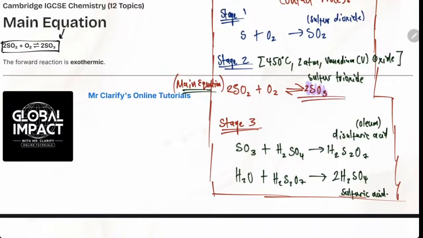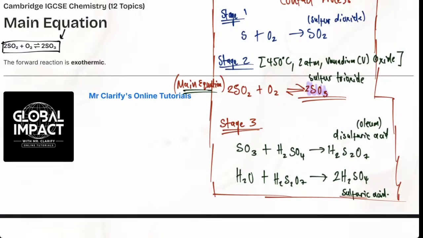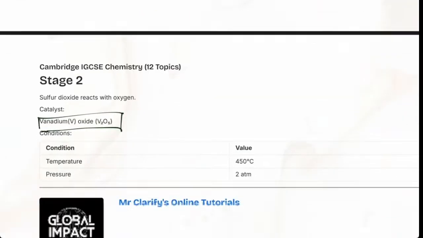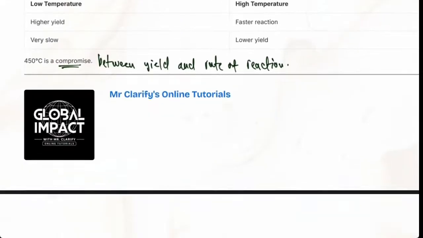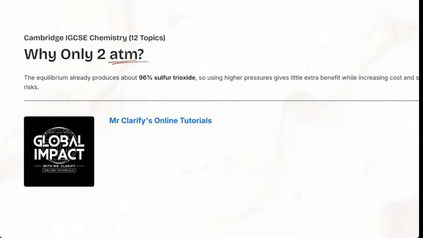Here's the reason. This sulfur trioxide, you must know that when you have sulfur trioxide in a reaction, it is going to be the main product. I'll give you the best way to explain that when we answer exam papers. But what I know about sulfur trioxide is that in an equilibrium container, a lot of the gas which will be there is going to be sulfur trioxide, which means us changing pressure has really no effect on the position of equilibrium.